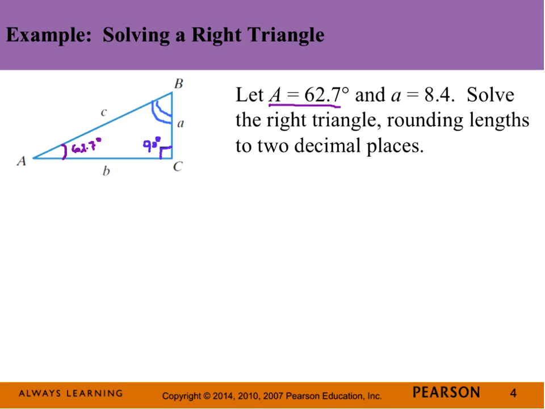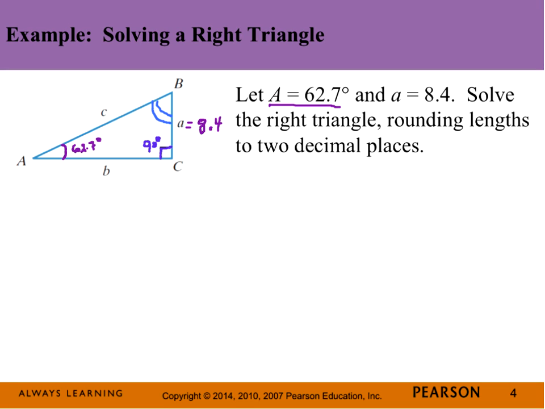And I'm given side length a. I'm just going to try to keep these color coordinated here. So side length a is listed as 8.4, and we'll just say units. It could be inches, feet, whatever you're measuring in.